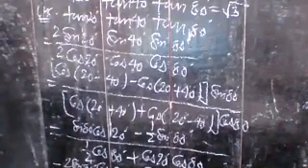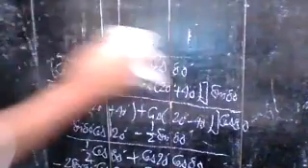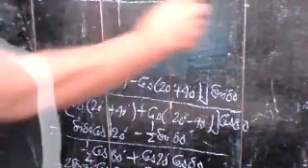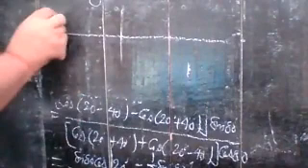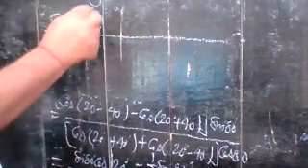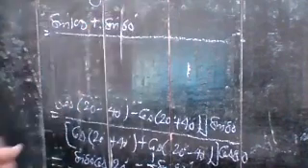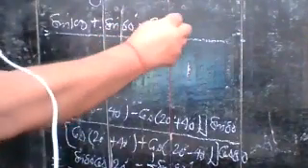So applying here sine X plus Y, so you write sine 100 degree plus sine X minus Y, so write sine 60 degree, minus sine 80 degree.